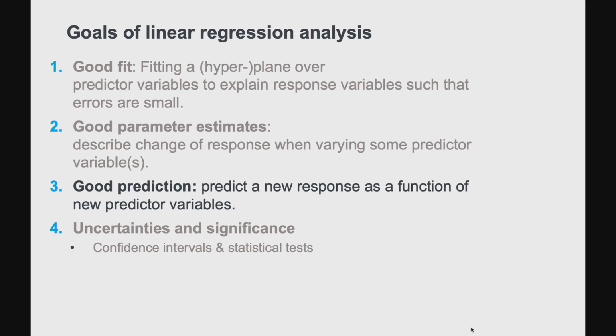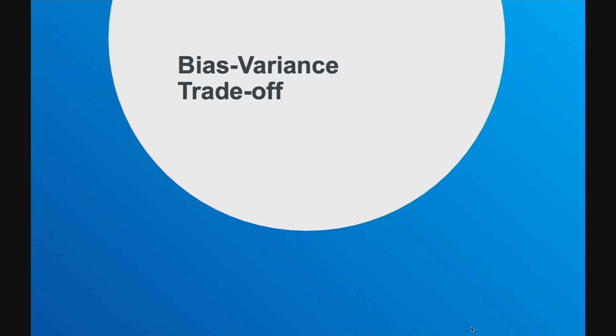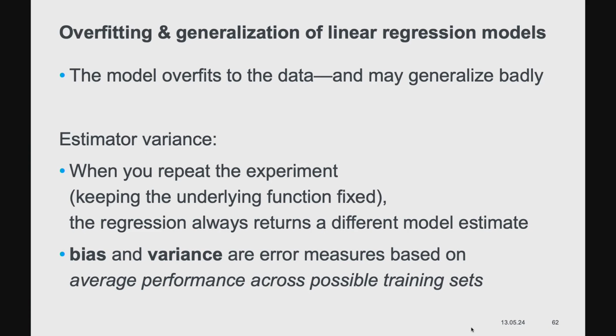So these are more concerns of statistics. But the point that's most important for us in machine learning is that we're interested in good predictions. We want to predict a new response as a function of some new values for our predictor variables. And here we run into the so-called bias variance trade-off.